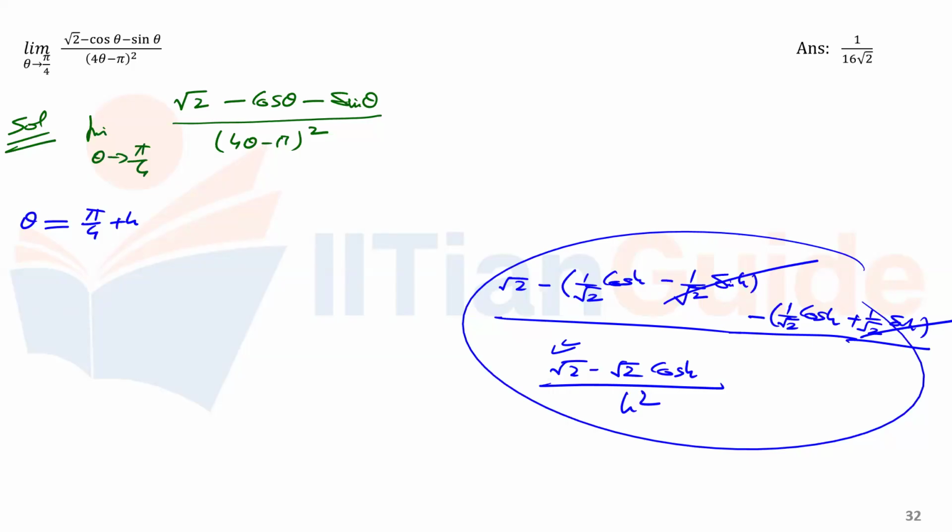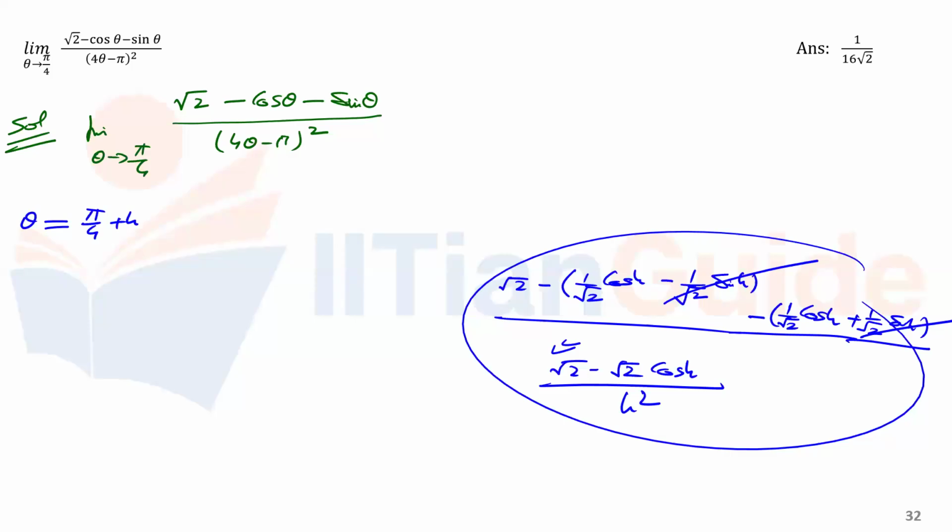उसके बाद हम बताएंगे दूसरी चीज है, दूसरा मेथड दैट इज बेटर वन. The answer is coming 1 by root 2.